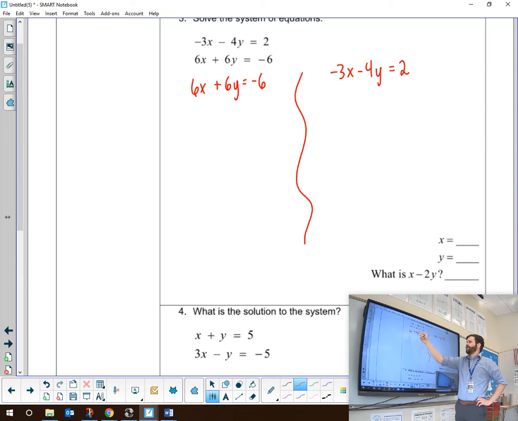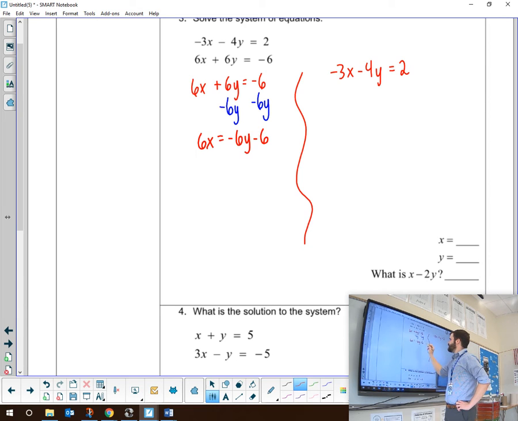Let's solve for x. So if I'm going to solve for x, I'm going to start off by minusing 6y to both sides. So I'm going to get 6x equals negative 6y minus 6. Cool. So that's going to allow me to now solve for x by dividing both sides by 6.